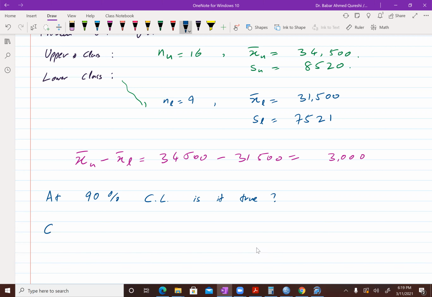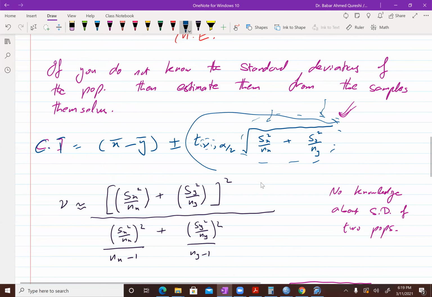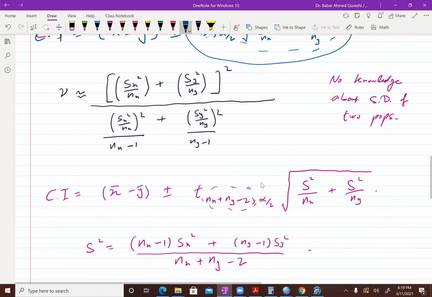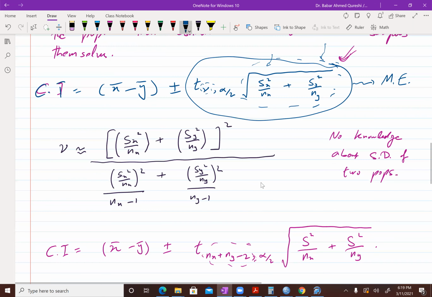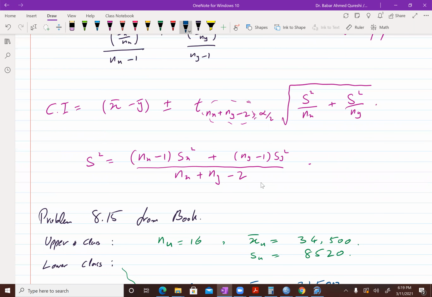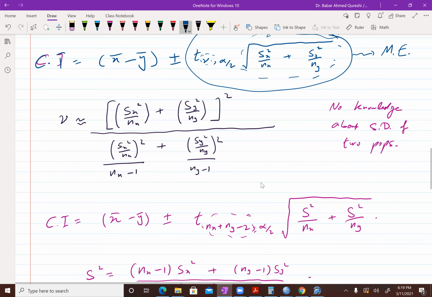So we make confidence intervals of 90%. To do that, I have to use this formula, and this is the margin of error. The confidence interval would be created around this number with the margin of error. To compute the margin of error, I have to compute the critical value of this t. But to do that, first I have to compute this nu, which is given in this formula.